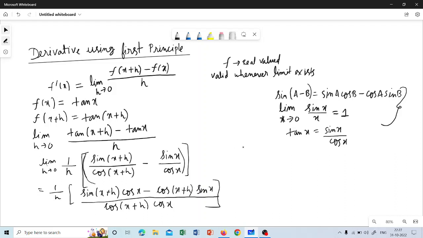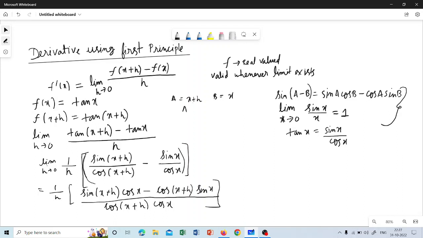Now I am going to further simplify this. You can see this is in the form of sine A cos B minus cos A sine B, where A is equal to x plus h and B is equal to x.